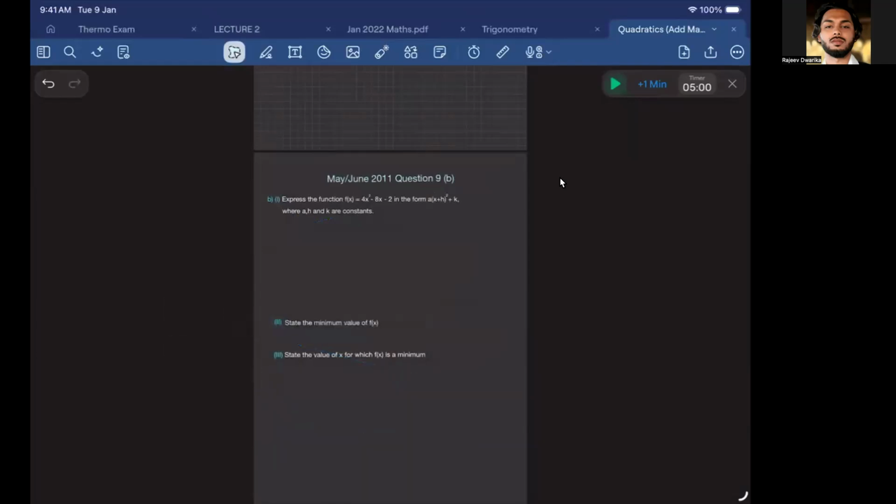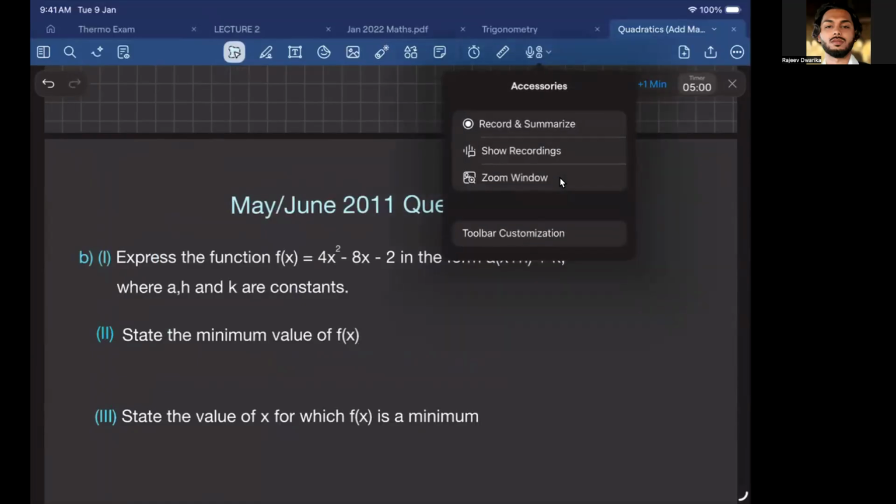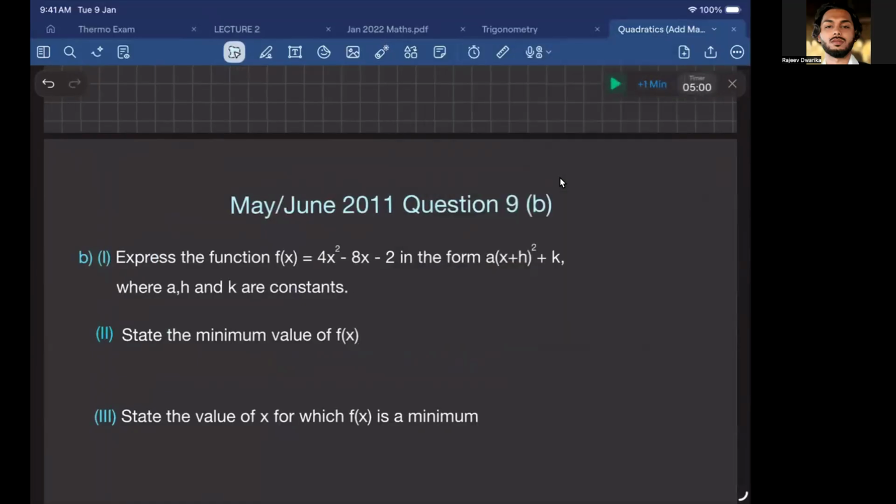So before we do the question using the graphical method, I would like you all to try this question. I'm going to give you all 6 minutes. Good luck. See if you can get the correct answer using the original method with H and K, and then I'll correct it and we'll see if it works with the diagram.